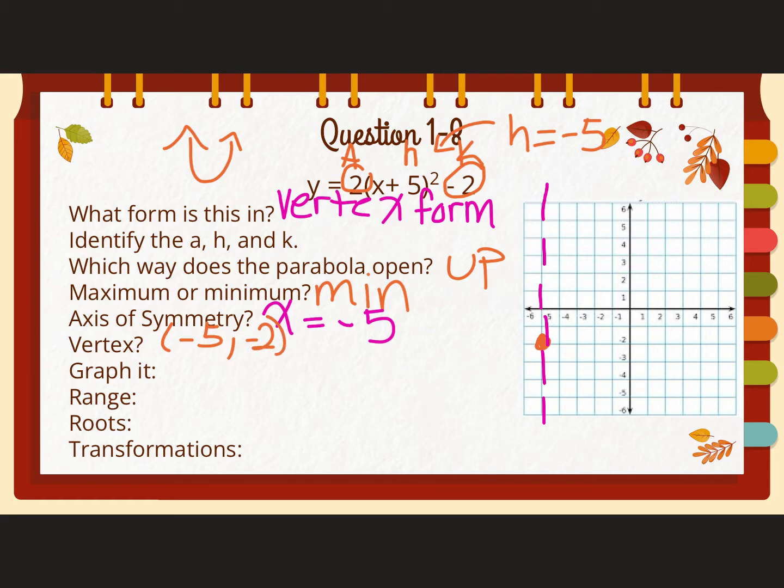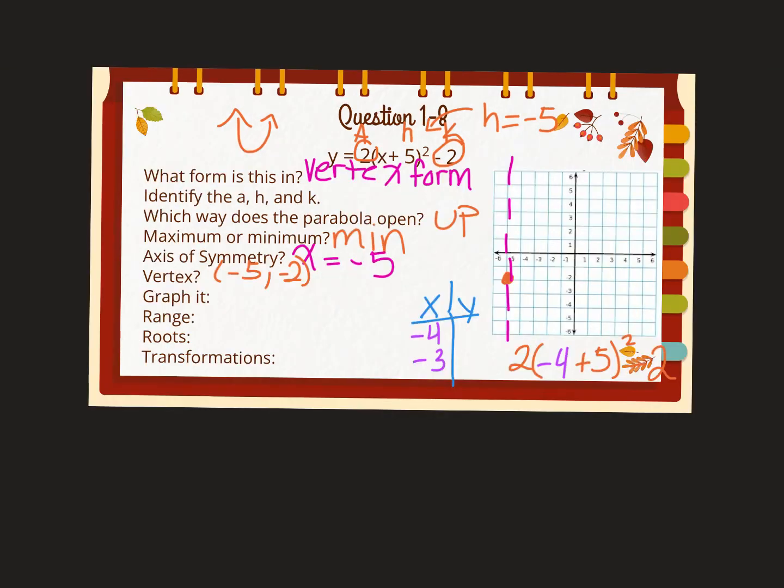Perfect. We just plotted our vertex, which we said was (-5, -2), because it's in vertex form. To graph it, we just need a couple more points. So I created a little table, and I'm going to plug -4 into our original equation. I know that -4 plus 5 is 1. So I can square that, and I'm going to subtract 2 in a little bit, but multiply it by 2 first.